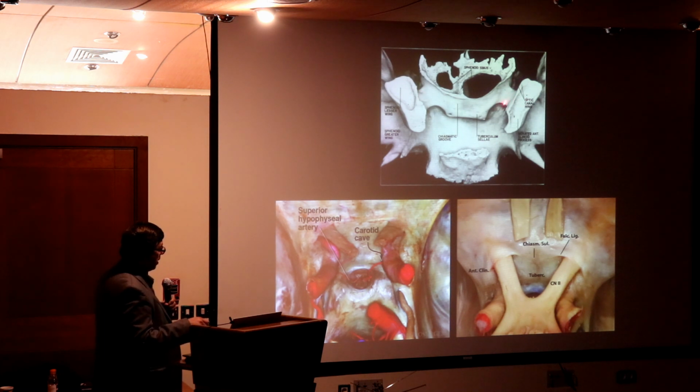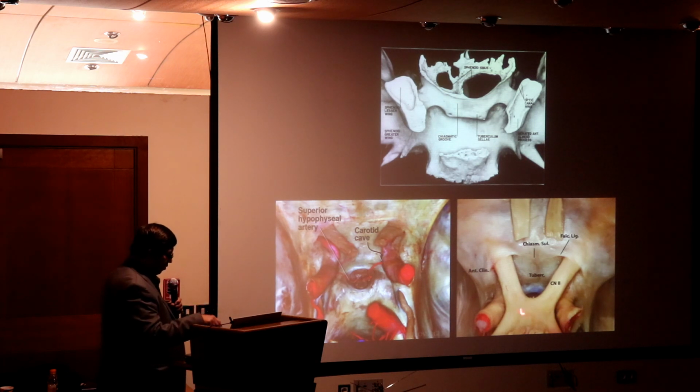The sphenoid bone is made of a body, a greater wing, and a lesser wing. The optic canal is a canal inside the lesser wing of the sphenoid. So you will see the optic nerves here, the carotids lateral to it. We are sitting on top of the sella turcica, olfactory tracts, optic nerves, chiasm, carotids. So this is the medial wall of the orbit here.